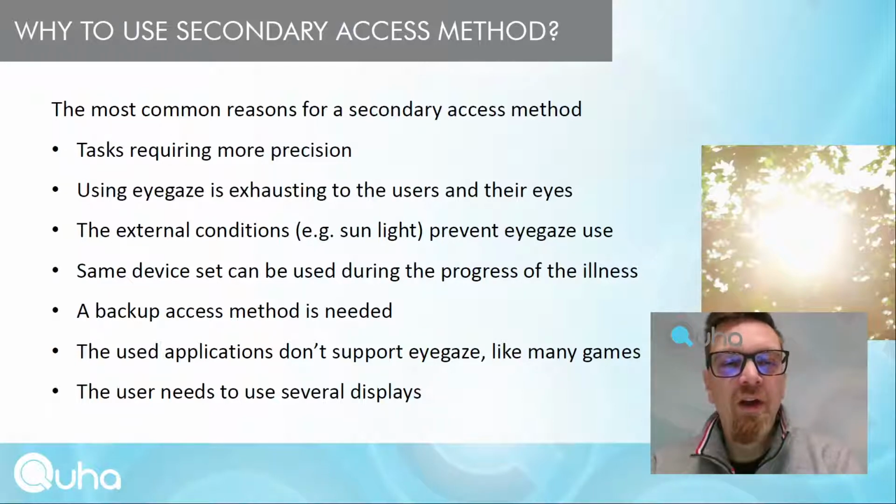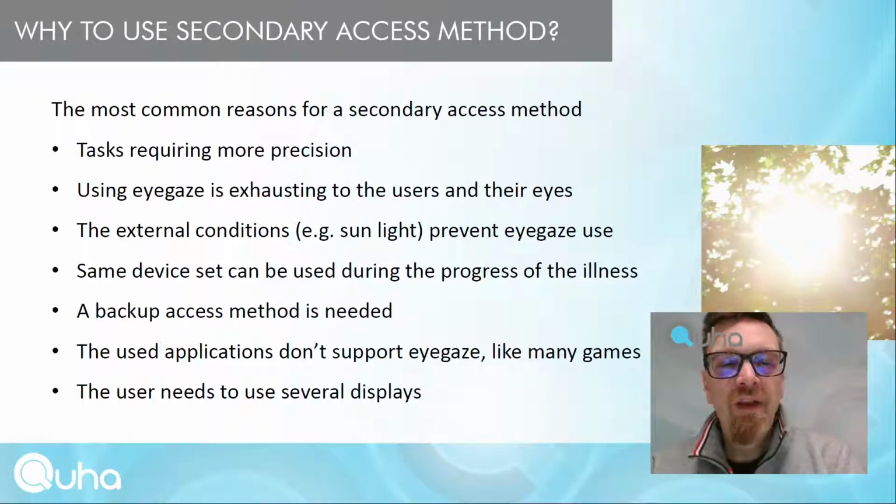Using eyegaze can be exhausting to the user and the eyes, and a secondary access device can provide some short relief for the eyes. Then external conditions can prevent eyegaze use. For example, sunlight can be a stopper for eyegaze in many cases.